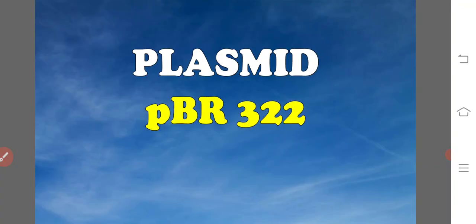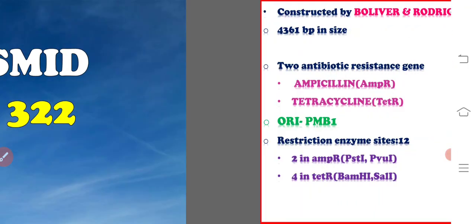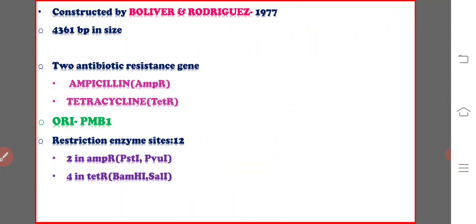And coming to the best example of a plasmid, plasmid pBR322. Here pBR322 is a reconstructed plasmid vector.